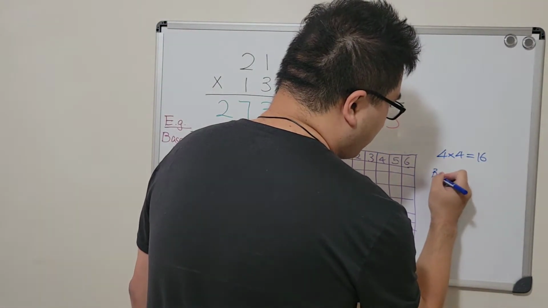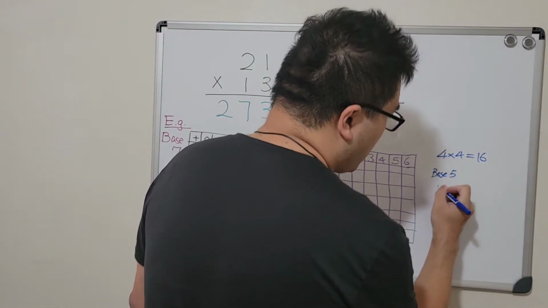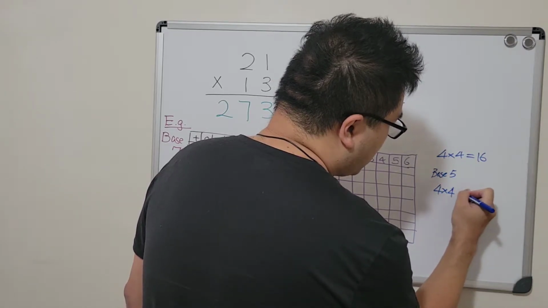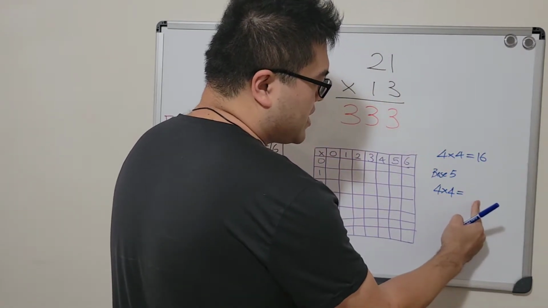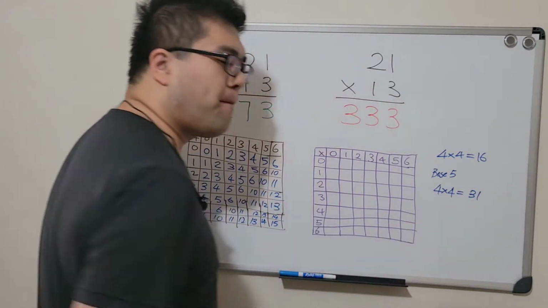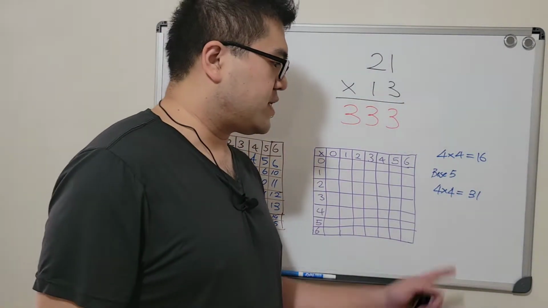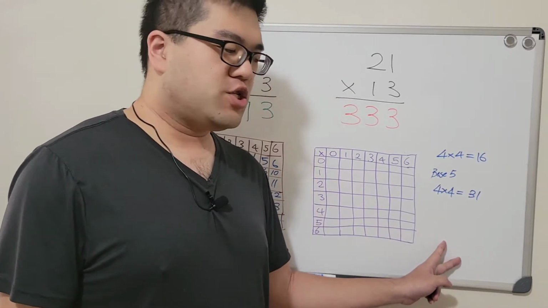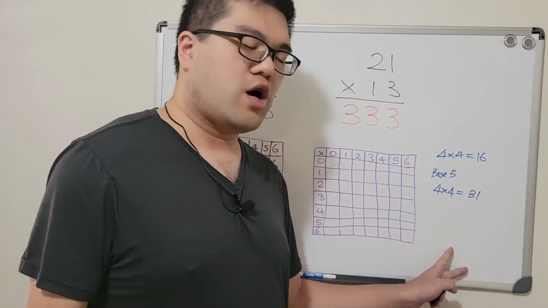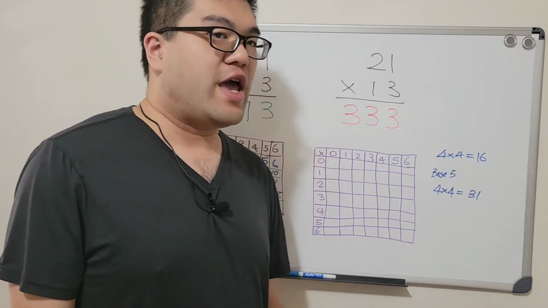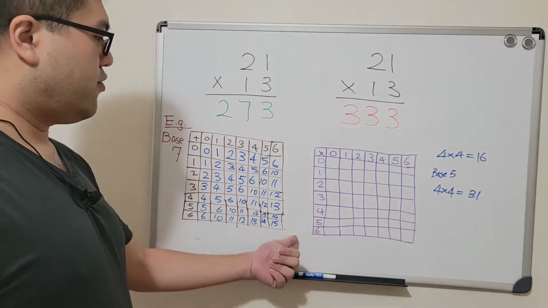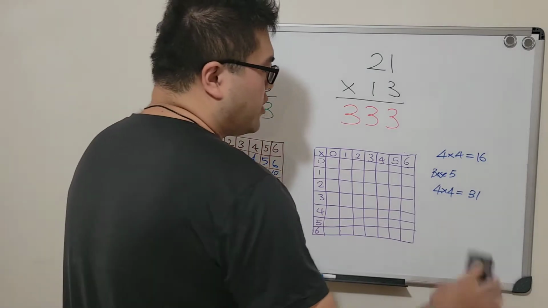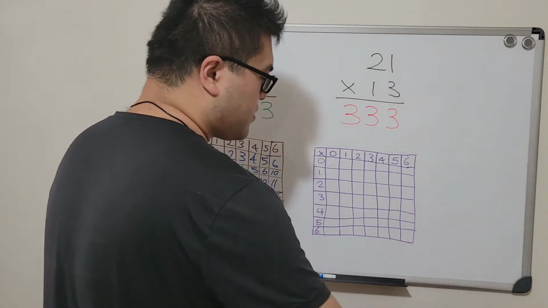However, in base 5, 4 times 4 has the representation 3, 1 instead of 16. Because the notation has changed, the multiplication table that we're used to does not apply anymore.